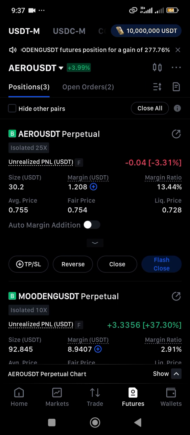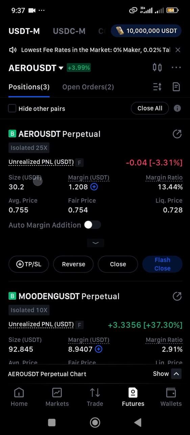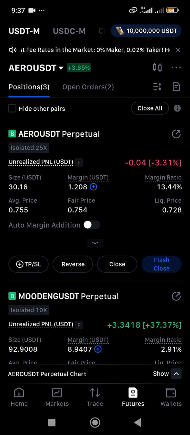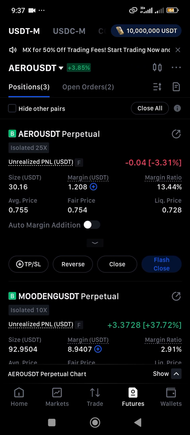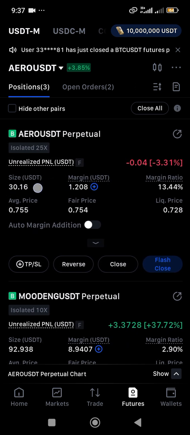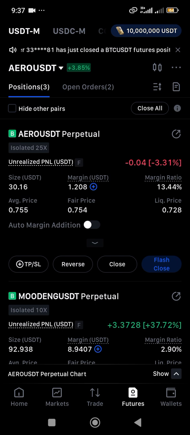This is the size. My margin size for this particular trade in USDT is 30.16 USDT. You understand? But this is the actual amount I have. So the leverage increased my 1.2 USDT to 30.16 USDT. Do you understand?